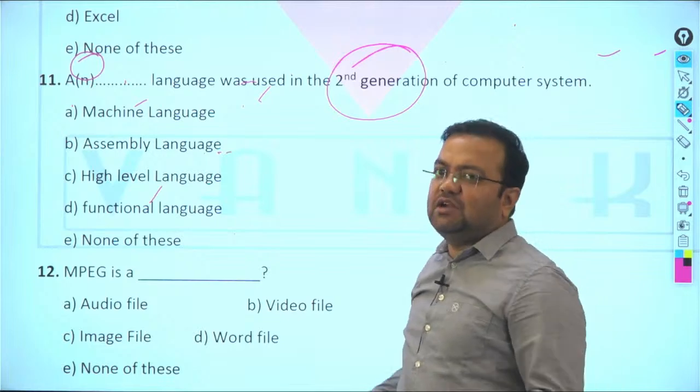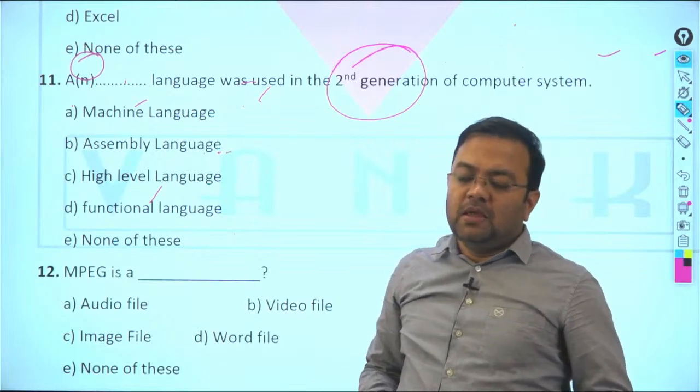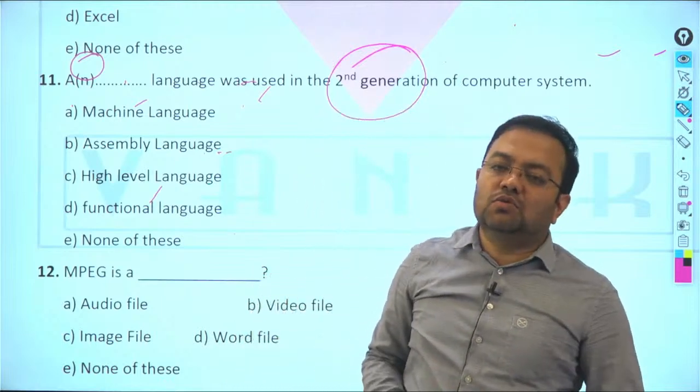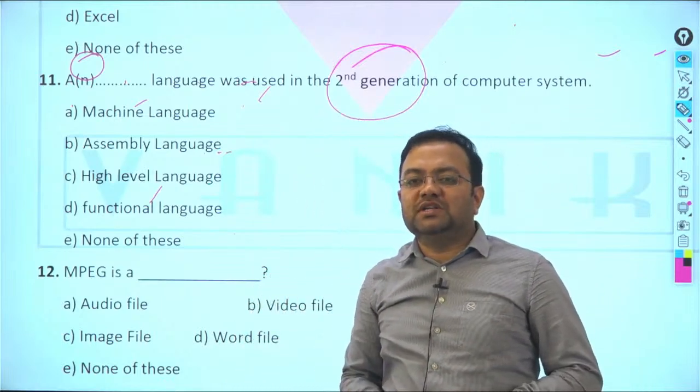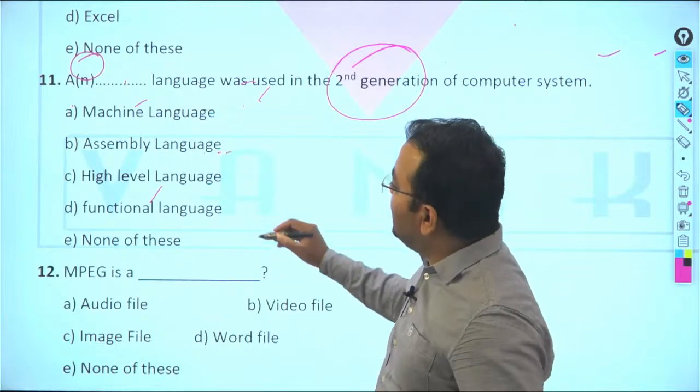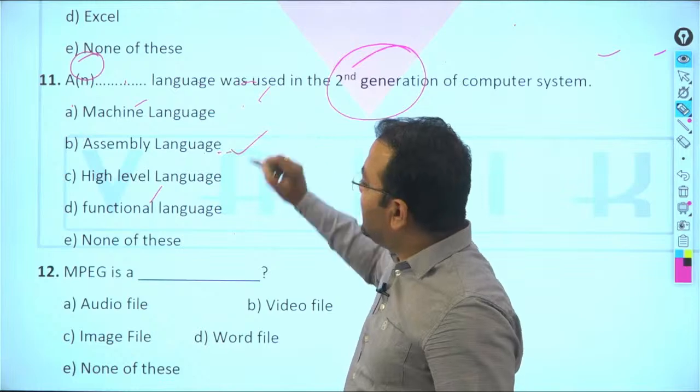So students, recently we have discussed regarding this term. So I am repeating again from generation 1 to generation 5. In generation 1, this is machine level language, and in generation 2, it is assembly language. And let's choose here, the option is B, assembly language.